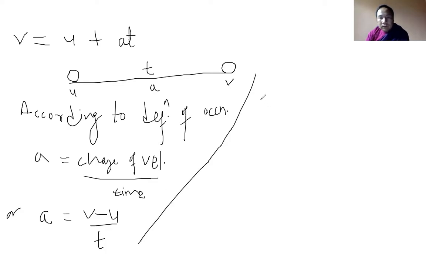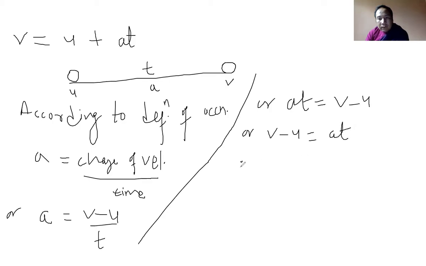Now you cross multiply. When t goes this side, t will multiply with a, so it becomes at equal to v minus u. Or if we change the side, v minus u equal to at.